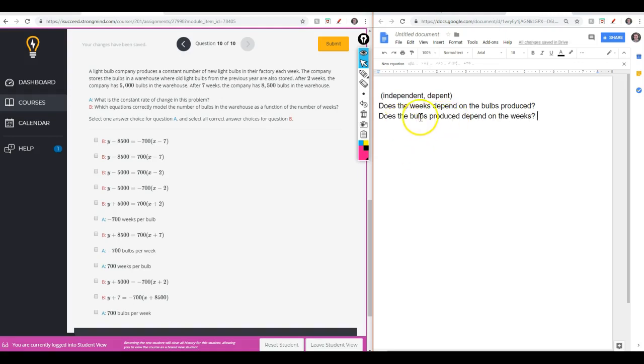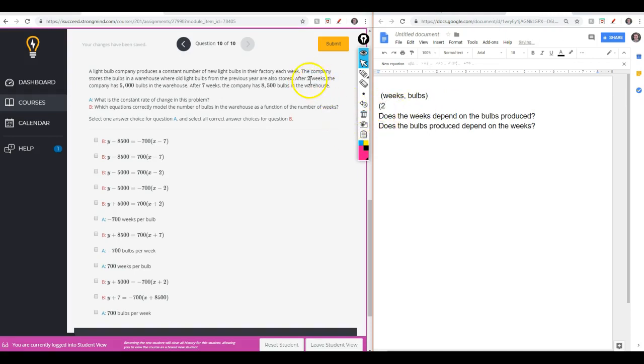So the number of light bulbs produced depends on how long they have been going for each week. So the number of bulbs is our dependent and the weeks are our independent. So time is independent. So now I can order our 2 points.